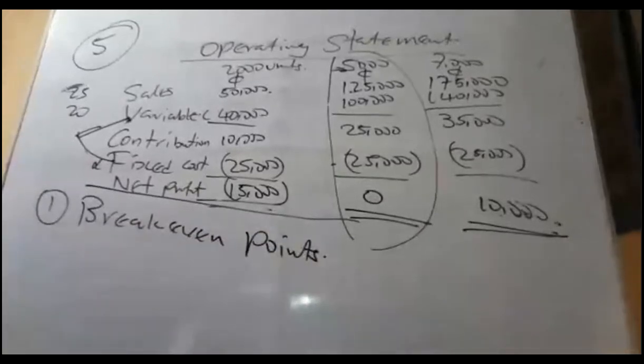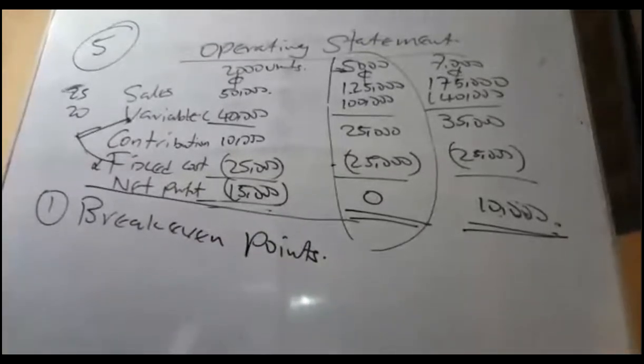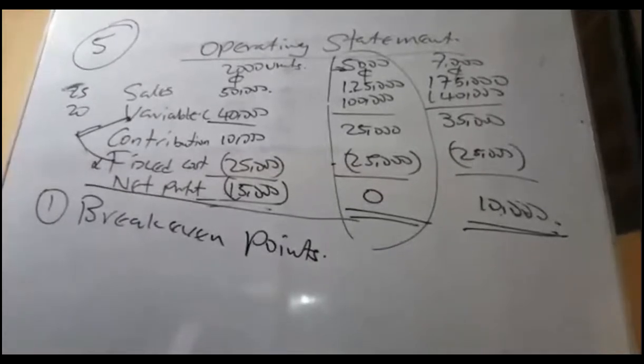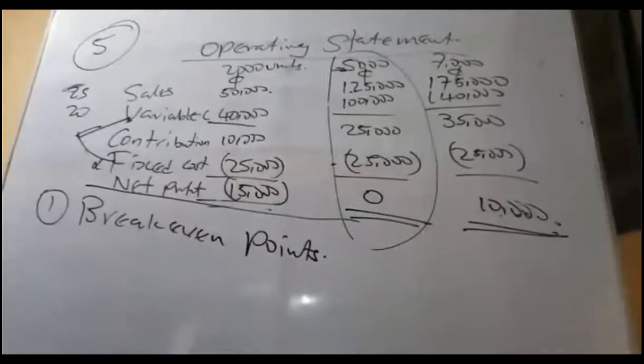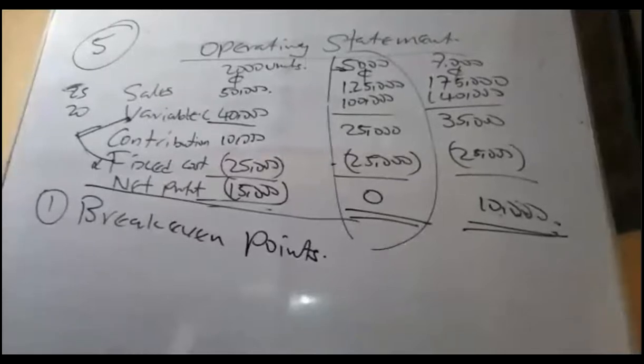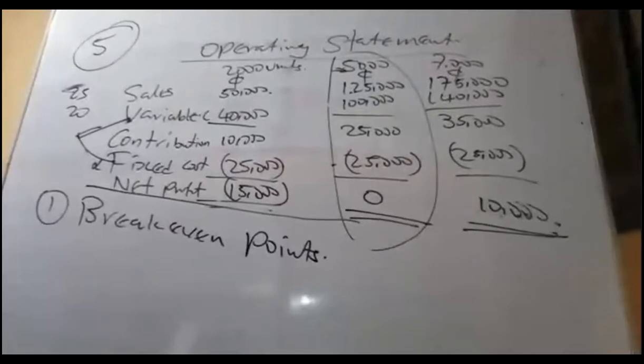Now, this is the point of production and sales, or the activity level where the company makes neither profit nor loss, or the company's total revenue is equal to total cost, profit is equal to 0. For those of you who have done mathematics before, every point on a plane geometry has how many coordinates?